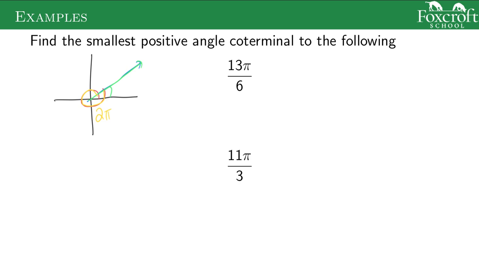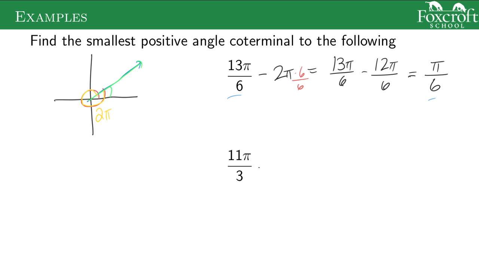So I can take this angle and subtract 2 pi from it, and that puts me back in the same place with the same coterminal angle. So that's going to be 13 pi over 6. To make 2 pi a common denominator, I multiply the top and bottom by 6, and that's 12 pi over 6. And 13 minus 12 is 1, so it's pi over 6. So 13 pi over 6 and pi over 6 are coterminal, which basically just means they look the exact same when you draw them.